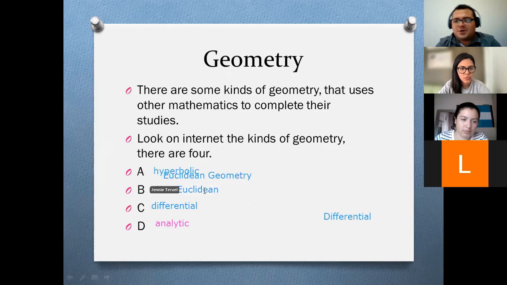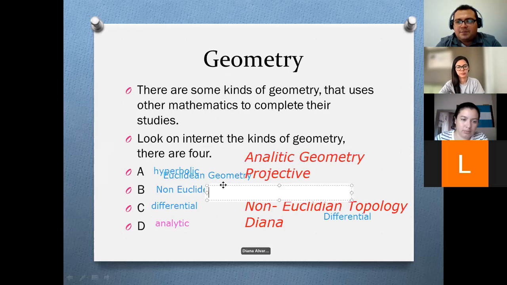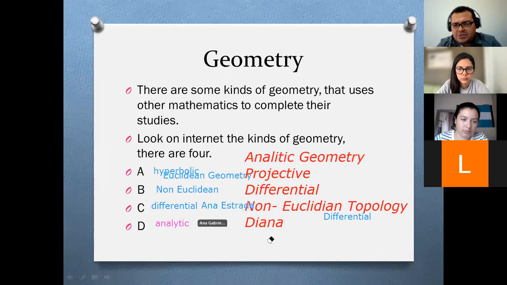Okay, your research is so good. You have the hyperbolic. Excellent. Analytic geometry. Oh, you have over there all the geometries. That's so good. Differential, non-Euclidean. That's so good. The hyperbolic, it's so interesting. That's part of the non-Euclidean.